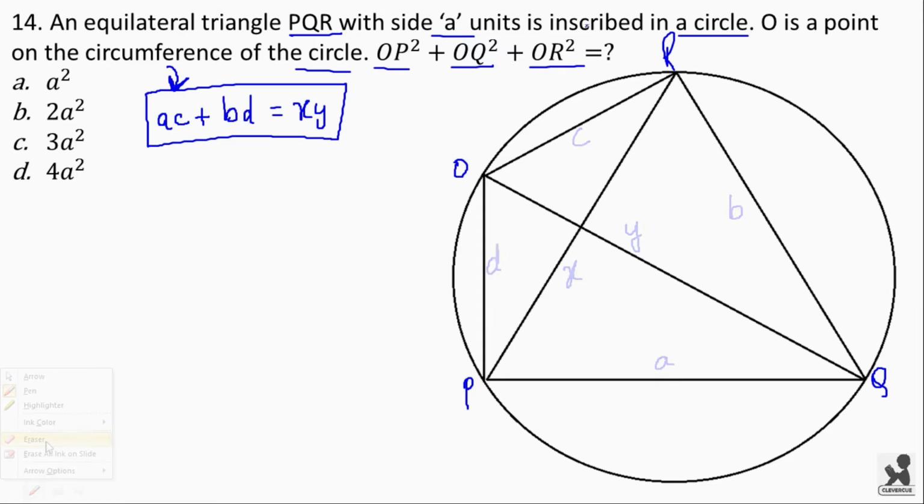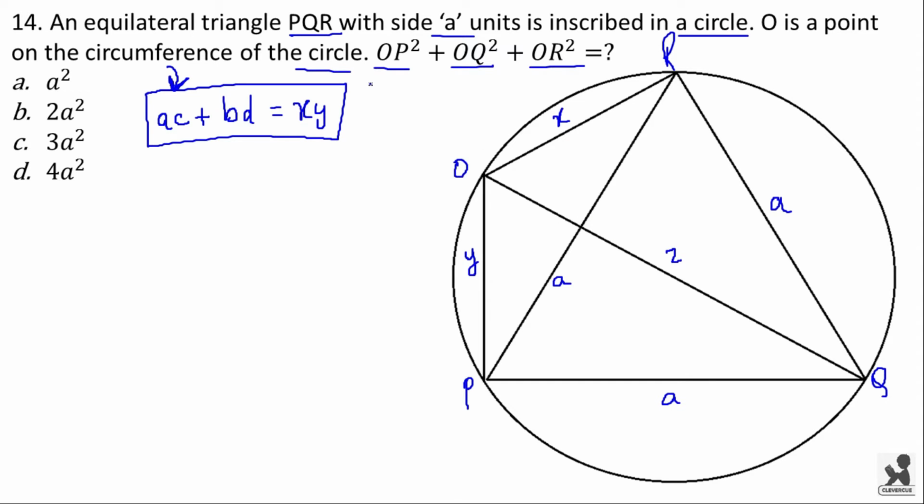The length of the side of this equilateral triangle is given as A. So RQ is A, PQ is also A, and PR is also A. Let the lengths of OR and OP be X and Y. This is X and this is Y. And let the length of OQ be z.